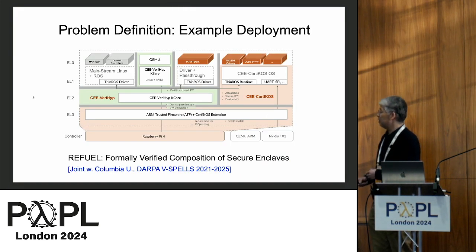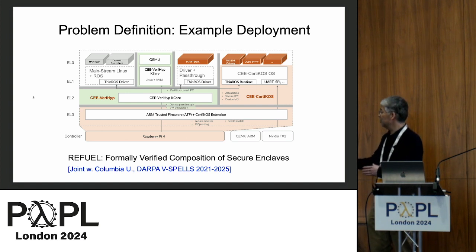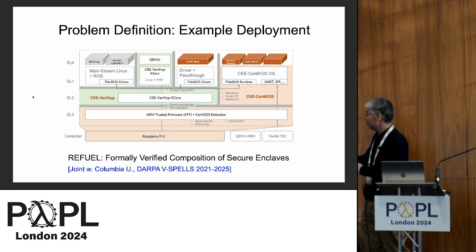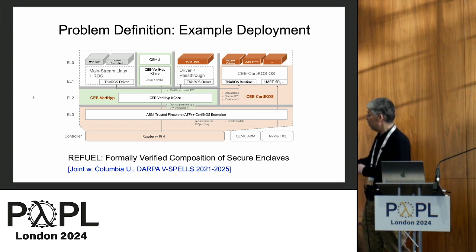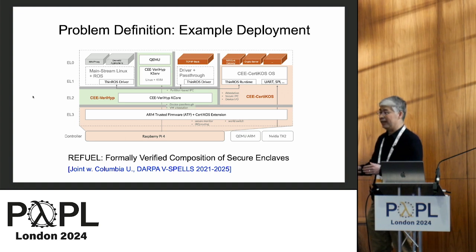And in fact, when you deploy such an OS, the machine does not just run this OS. They only run this OS inside some kind of secure enclave or trusted execution environment. This is one example deployment platform in our DARPA project where we have a Raspberry Pi 4, which is an ARM platform. You run some kind of trusted firmware, which is verified by my colleagues at Columbia, and then in the trust zone we run CertiKOS, and then in the normal world we run vanilla Linux and others.